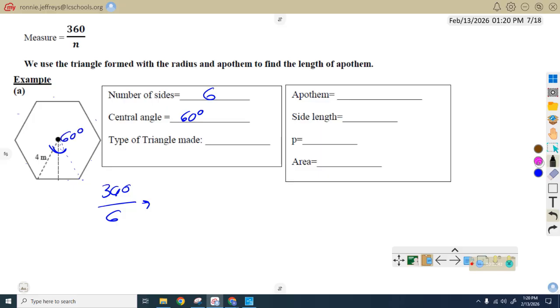Now, this type of triangle made, we're talking about what's made with the radius and the apothem right here. All right, so let's think about it. If this central angle is 60 and we cut it in half, how much is this angle right here? 30. Okay, so yes, this makes a 30, 60, 90 triangle.